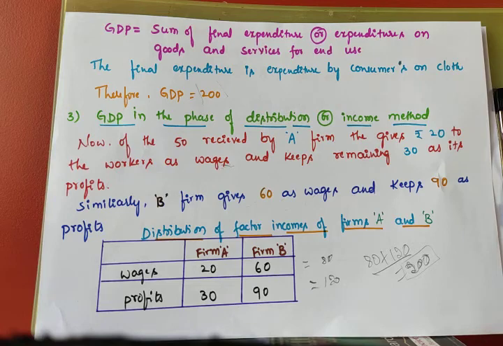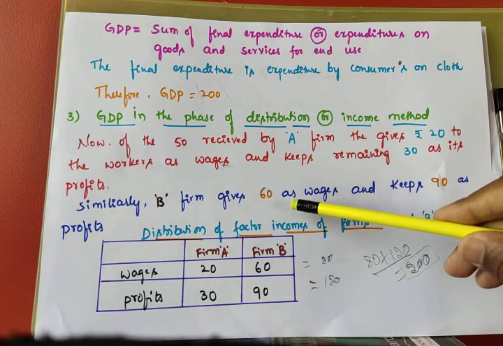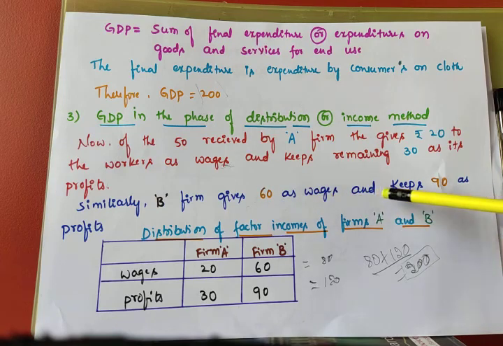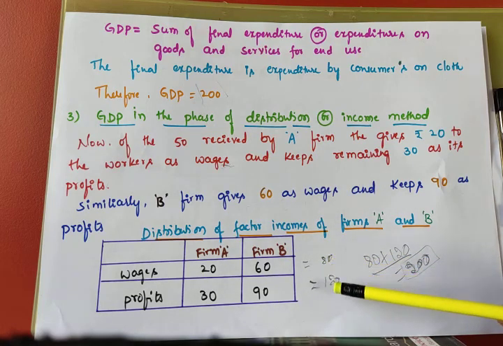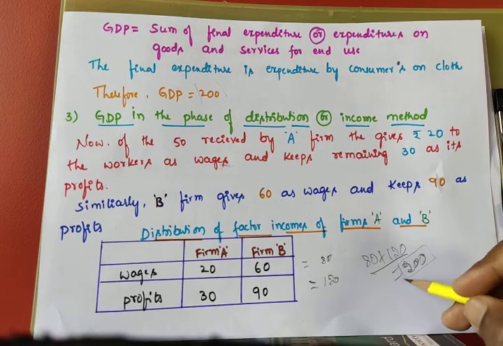Firm B also sells the cloth and has earned how much? 150. Out of 150, firm B gives 60 as wages, and the remaining 90 it keeps as profit. So by adding this, we get 80 and 120. The total answer is 200.